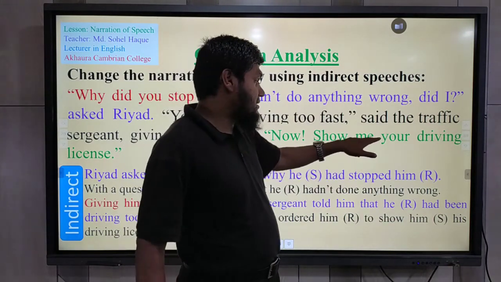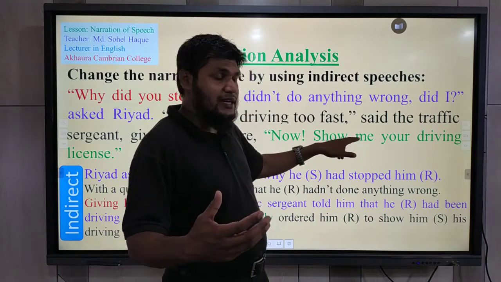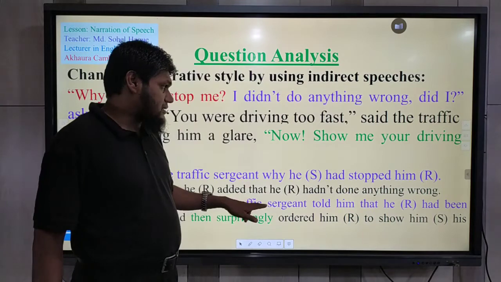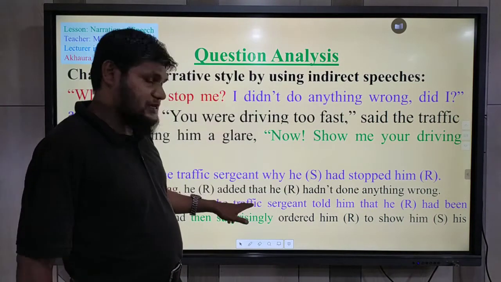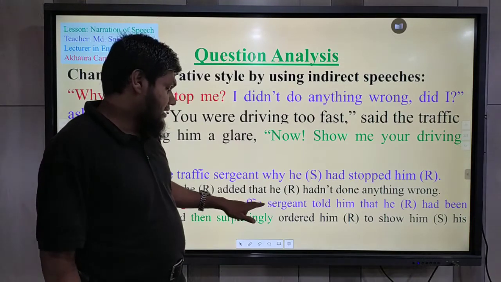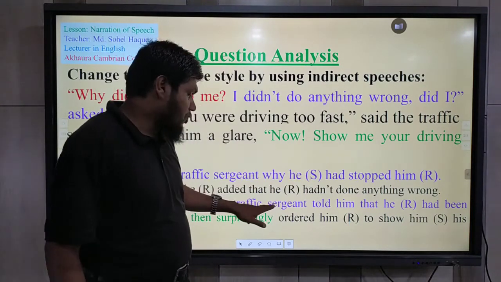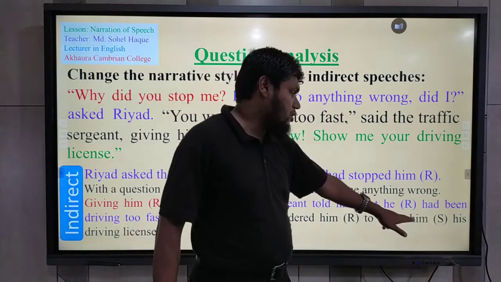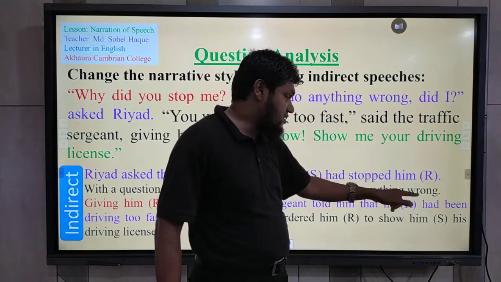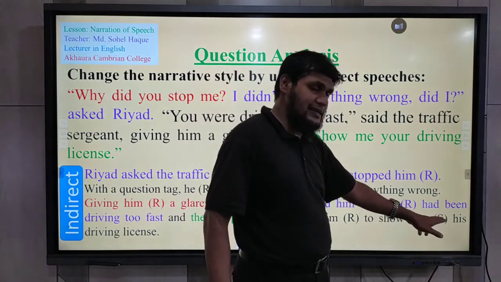Next, you should handle the pronoun me. Me means first person. So who is the speaker of the speech? The traffic sergeant. So me should refer to the subject of the reporting speech, the traffic sergeant. What's the pronoun of the traffic sergeant? He, and he should be changed into the objective form him, because me is in objective form.